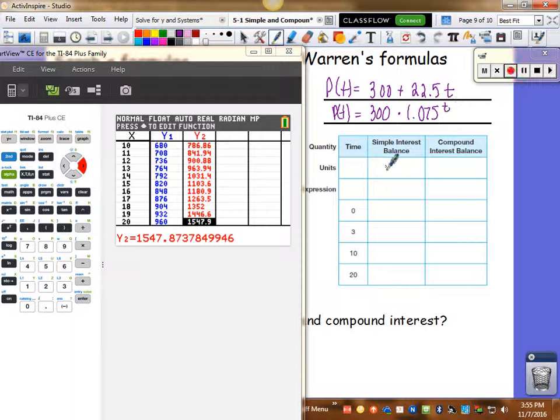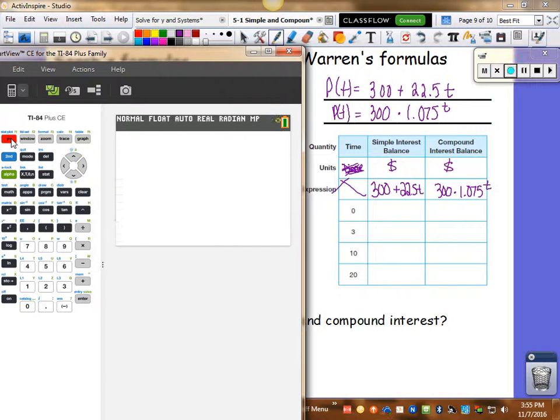So those units, money, time. I don't even think that's necessary because it already says time there. You don't need to put anything in these boxes. Expression, 300 plus 22.5t, and 300 times 1.075 to the t power. So put both of those in our y equals.